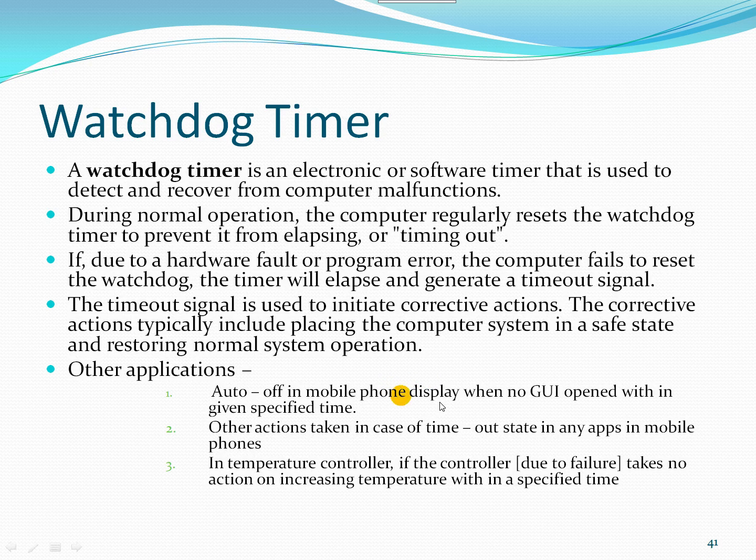So if the display is idle, with no GUI open for a specific time, and we set the Watchdog timer at this time, then when that time elapses the Watchdog timer will give the reset signal and timeout signal, so that the mobile phone's display can be turned off. So for this application we can use the Watchdog timer.